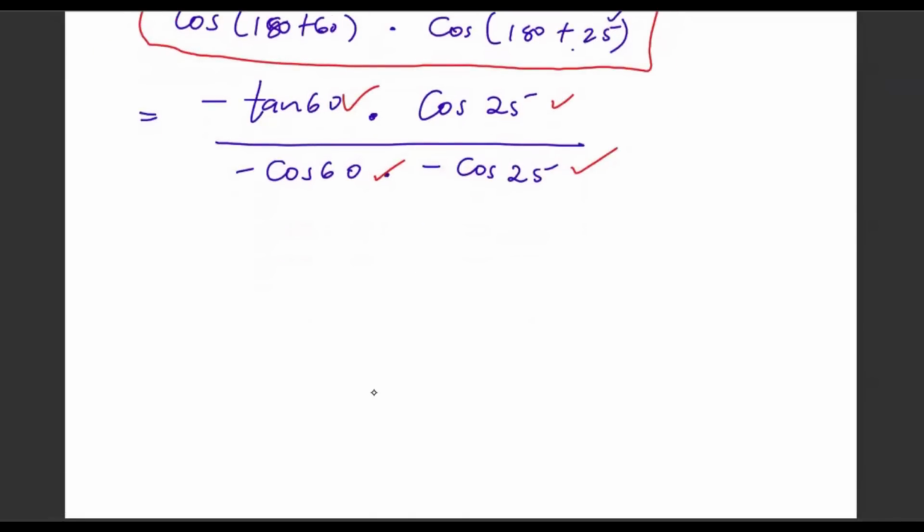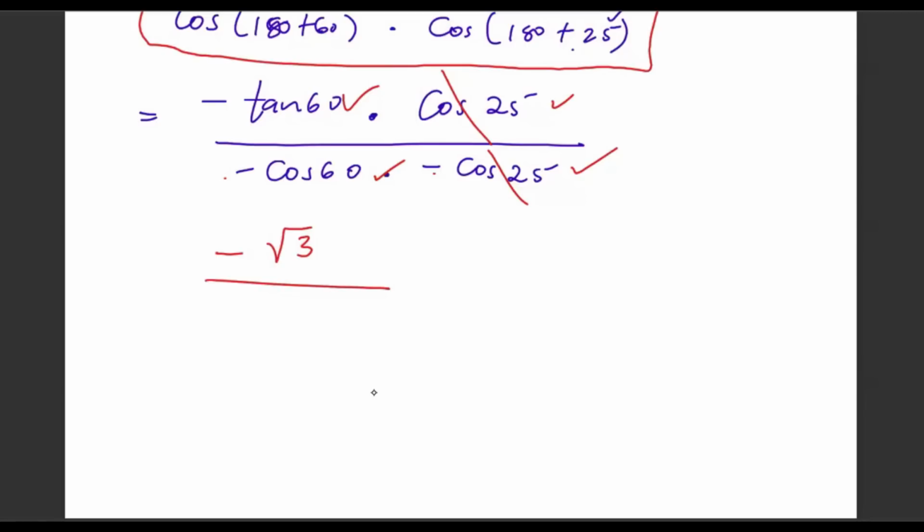So we can cancel this and cancel that because it's just the same thing. Then we can use our special angles straight away. So what is the tan of 60? Tan of 60 is opposite over adjacent, which means it's just a negative root 3 over this negative, and a negative, we have a positive.